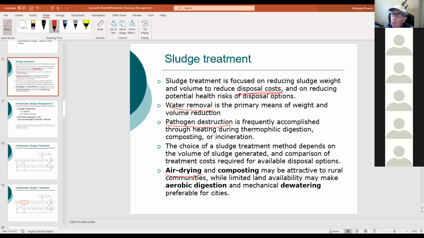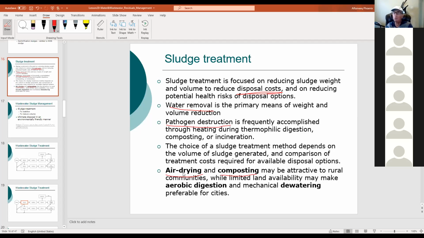And you can use composting to treat the remaining sludge and use it for agricultural purposes. That's good for rural areas. Air drying: just keep it to dry in the air, so the water evaporates and the remaining is the solid sludge. Much of that solid sludge is really rich in nutrients, so it can be used as compost.